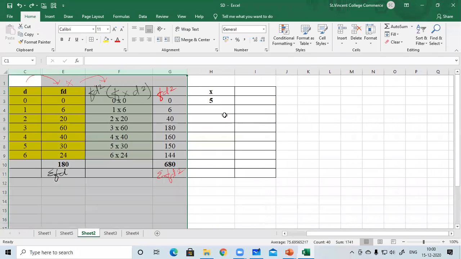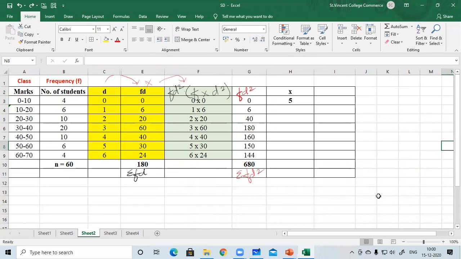Since I've written, the writing will overlap. Now, 5. You don't have to do the other midpoints. What is your class interval? We found out 10. Height of a class is 10. So just go on adding 10 to the midpoint: 15, 25, 35, 45, 55, 65, and 75. That's all you do.